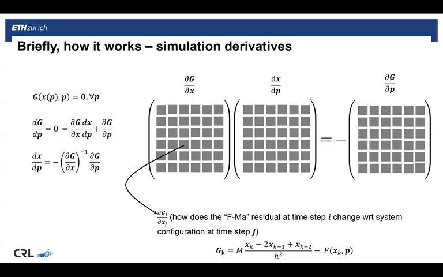And once we do that, I hope it'll be quite clear that many of the blocks in partial g, partial x will be 0, because at time index k, this physics residual only depends on the state at time index k, k minus 1, and k minus 2. Therefore, it's easy to see that we get this type of sparsity structure for this matrix of partial derivatives.